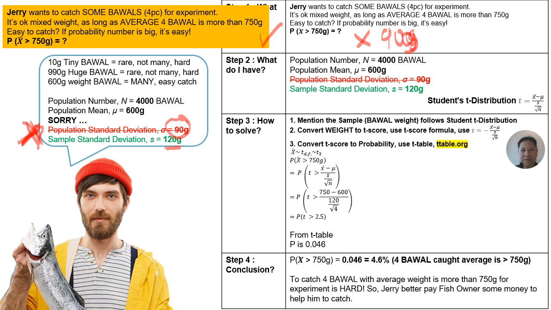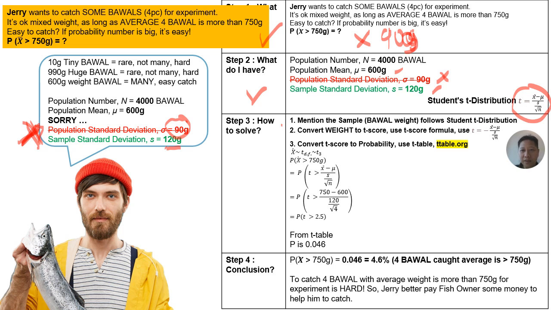Step 2, what do we have? We have the same population mean, except for the population standard deviation, which we don't have. We have the sample standard deviation. Because we want to find the average sample weight, we're going to use the student t-distribution.